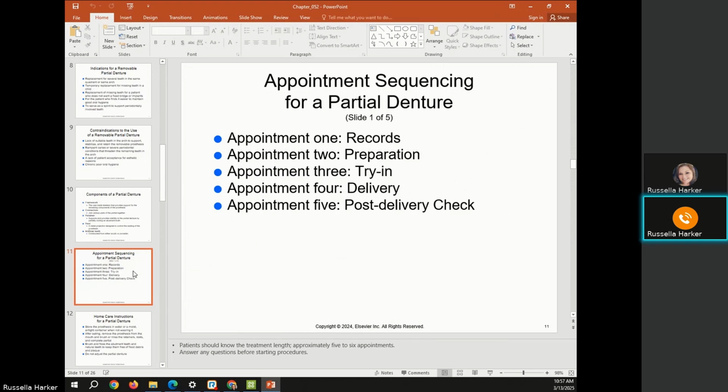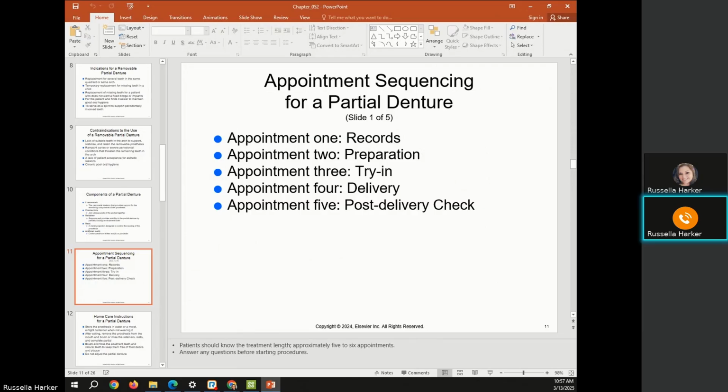They will do radiographs prescribed by the dentist, and then intraoral and extraoral photographs needed for case presentation.